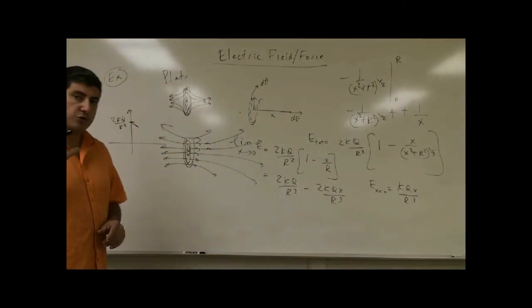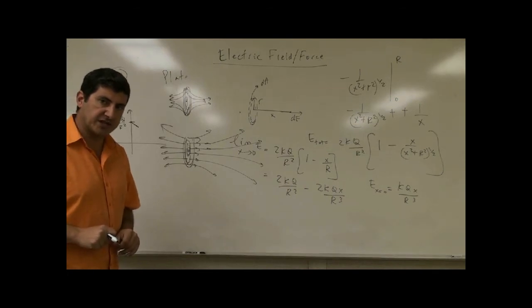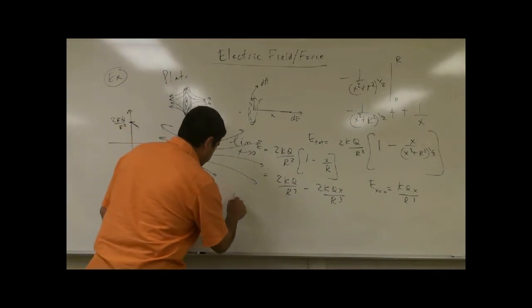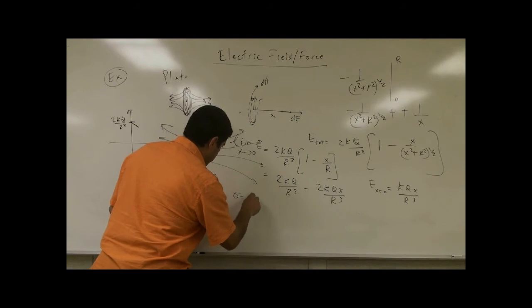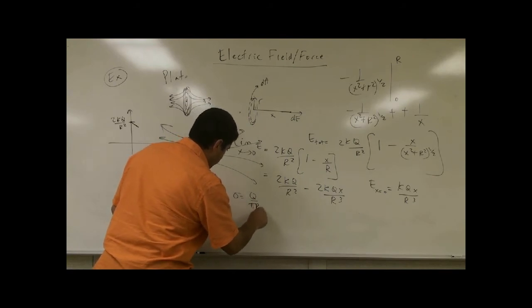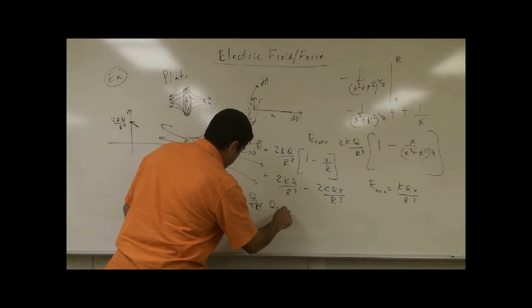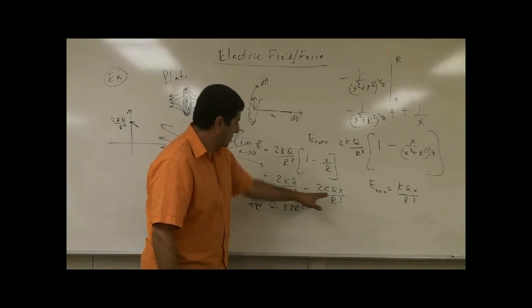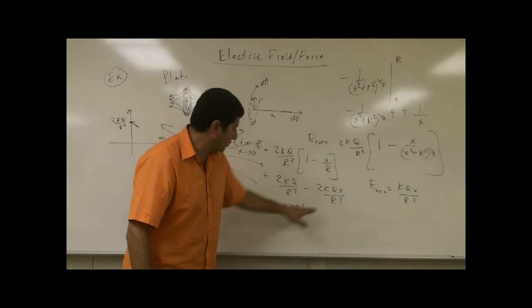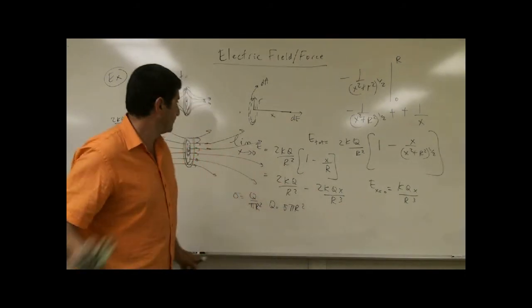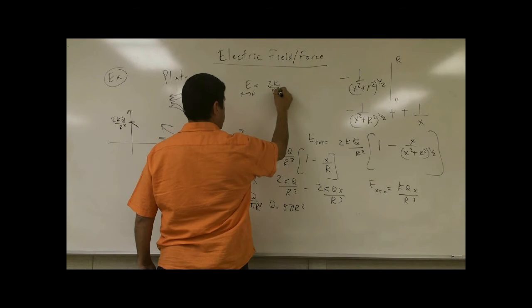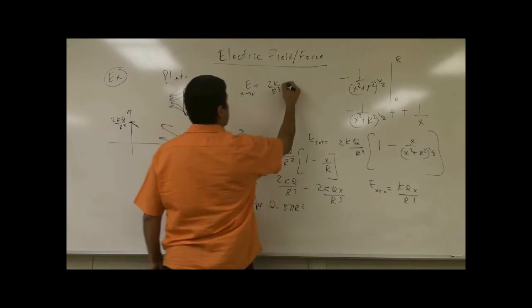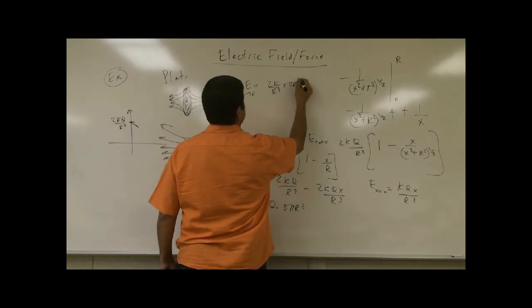Now, if you notice something, we could also express this a different way. We can say sigma is equal to Q over pi r squared, and Q is equal to sigma pi r squared. So wherever we're seeing a Q, we can replace it by this value.